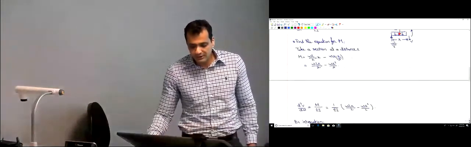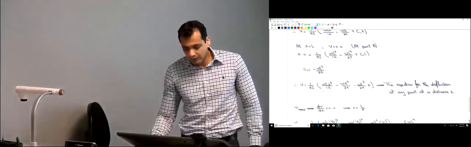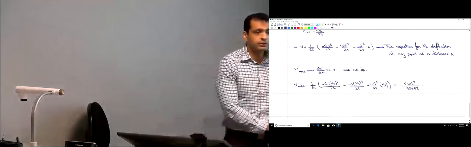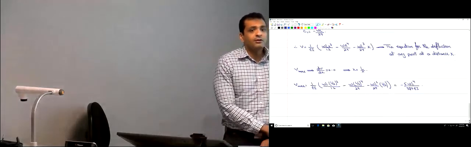What does the negative sign mean? That the beam is deflecting downwards. That's something that you expect. The points are not moving up, they are moving down. So the maximum deflection here is negative 5 W L to the power 4 divided by 384 EI.